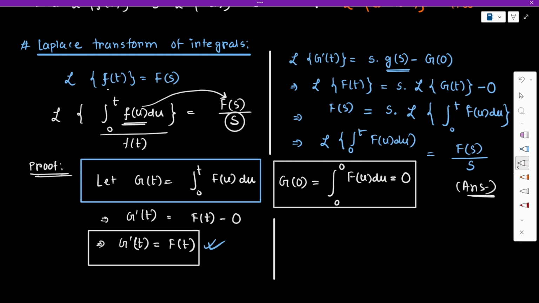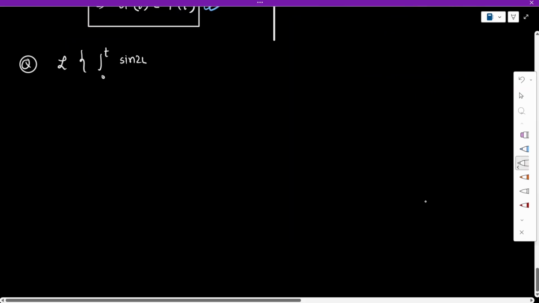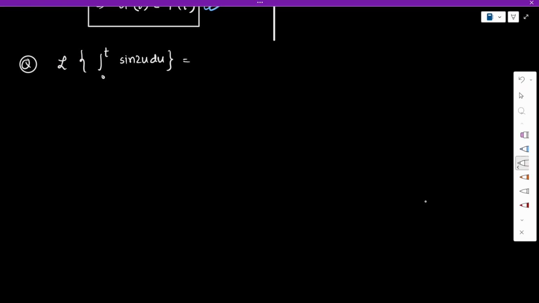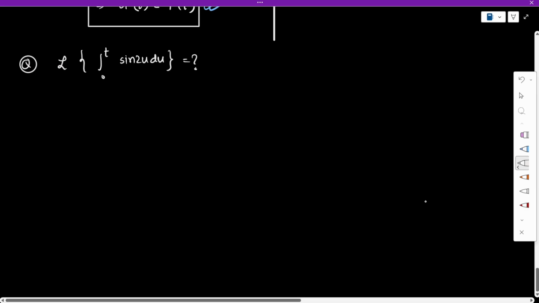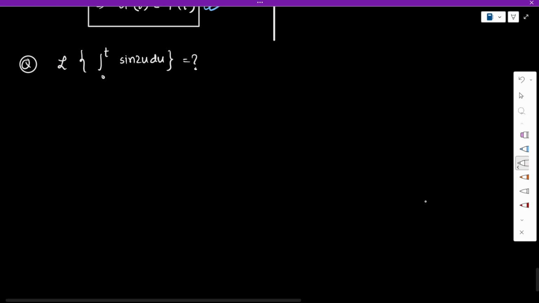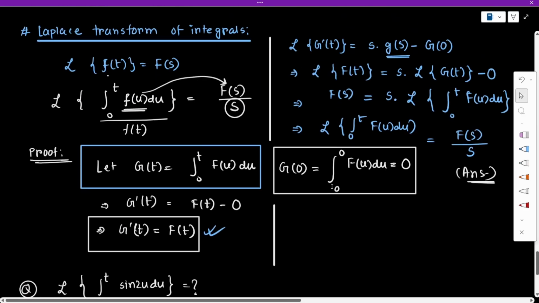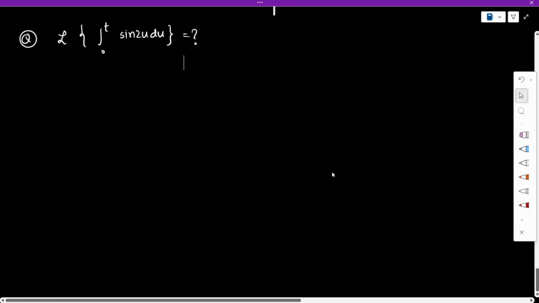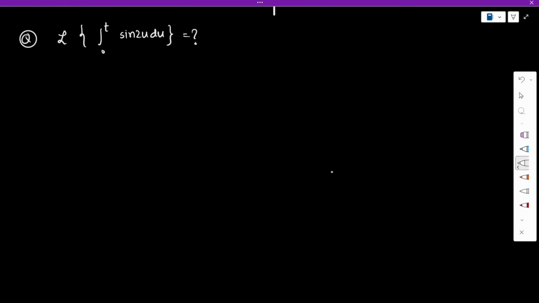Okay, so now what does this imply and how do we use it in various situations? First of all, let's say we take a question. Let's say that we have been asked to find the Laplace transform of this function right here. So how do we find the Laplace transform of integrals? Using this theorem right here. If I wanted to use the Laplace transform of integrals theorem, we all know that the Laplace transform of the integral of f(u) du is equal to F(s) divided by s.